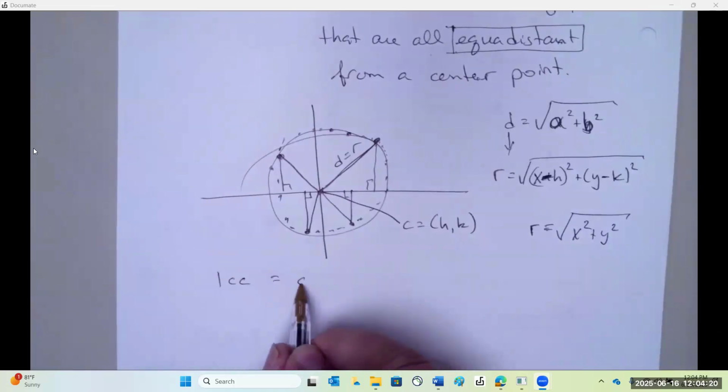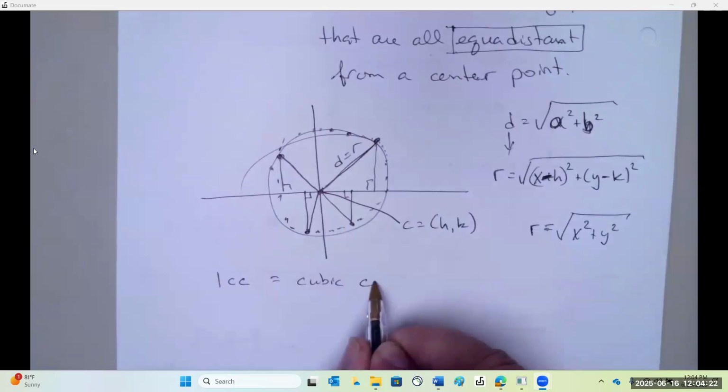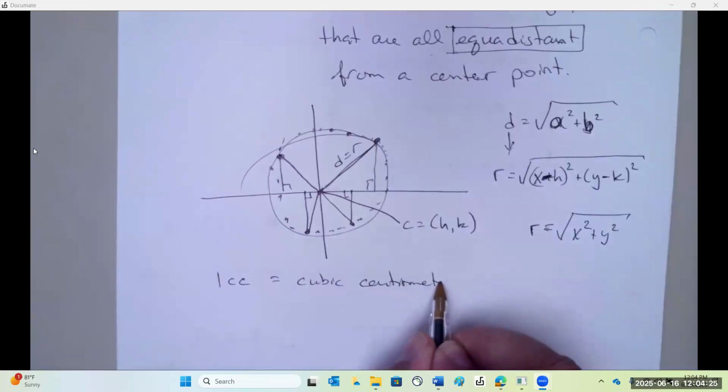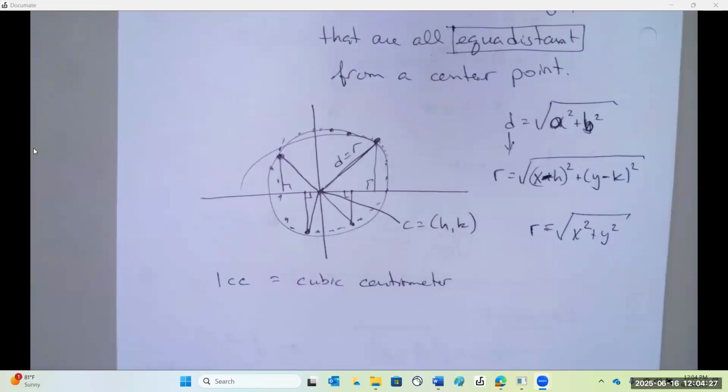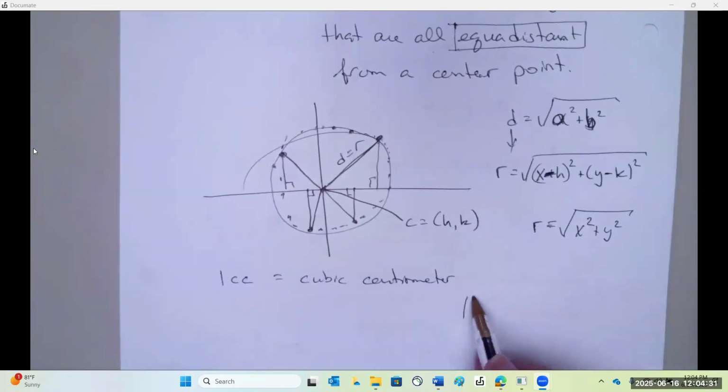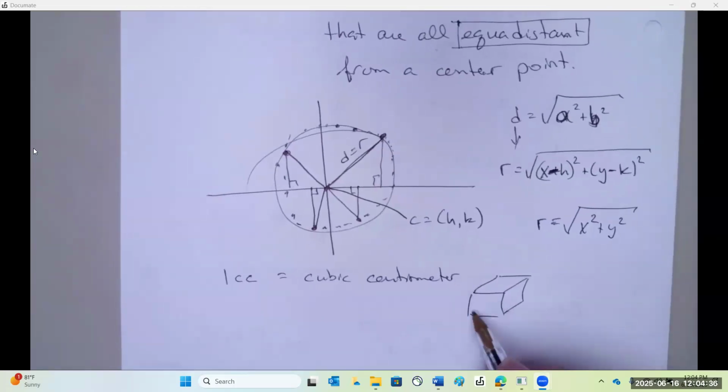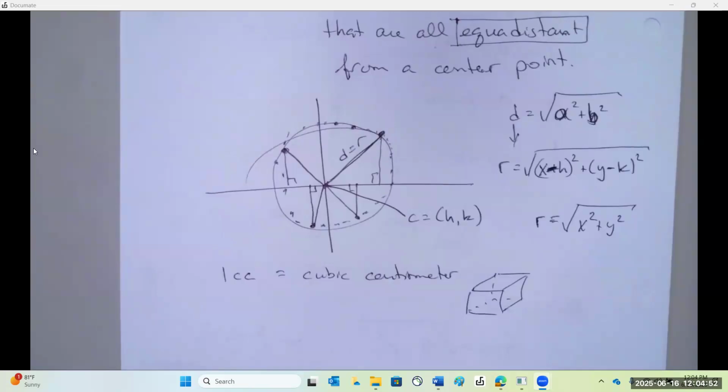It stands for cubic centimeter. Cubic is not too much of a liquid, is it? That's how much liquid fits in that 1 centimeter cube. That's always blown my mind, how we can talk about a liquid measurement which has no shape as a perfectly shaped cube.